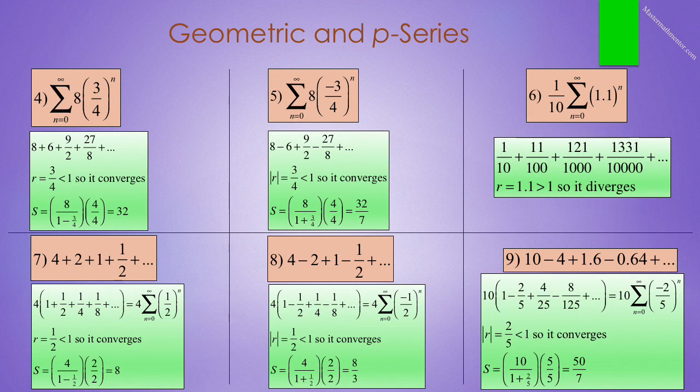The absolute value of our r is 2/5, which is less than 1, and therefore this is convergent. So the sum is 10 over 1 minus negative 2/5, which is 1 plus 2/5, and multiplying by 5 over 5, we get 50 over 5 plus 2, or 50 over 7.